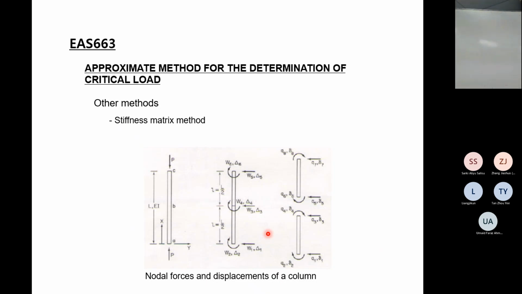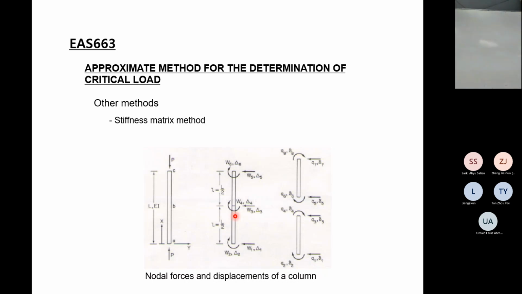Then at each of the so-called nodes here, nodes A, node B, and node C, we have the corresponding structure force or structure load, which is represented using W1, W2, W3, W4, W5, W6, and the corresponding structure displacement, which is represented using delta 1, delta 2, and then you have delta 3, delta 4, delta 5, and delta 6.